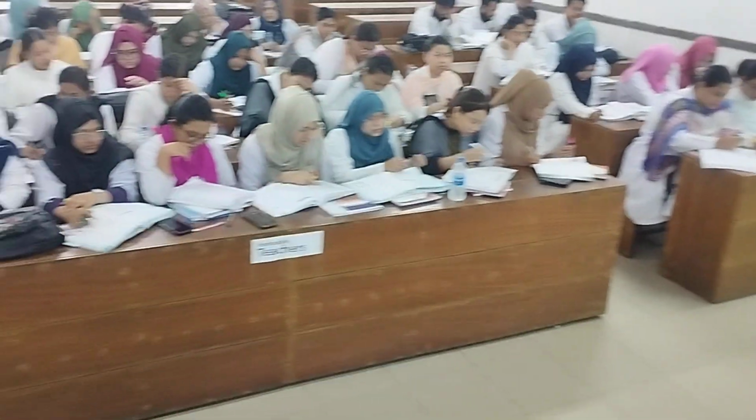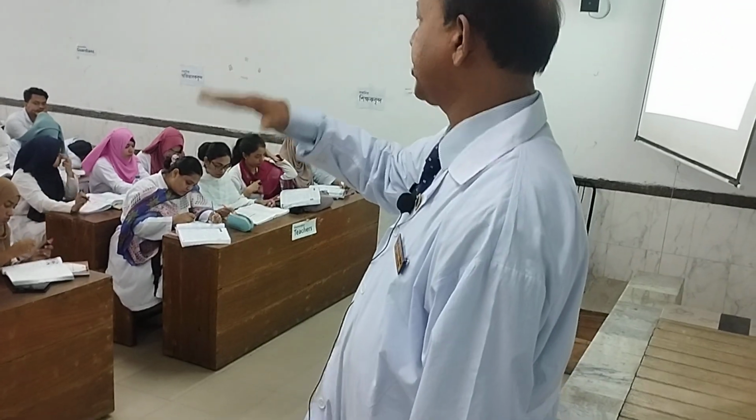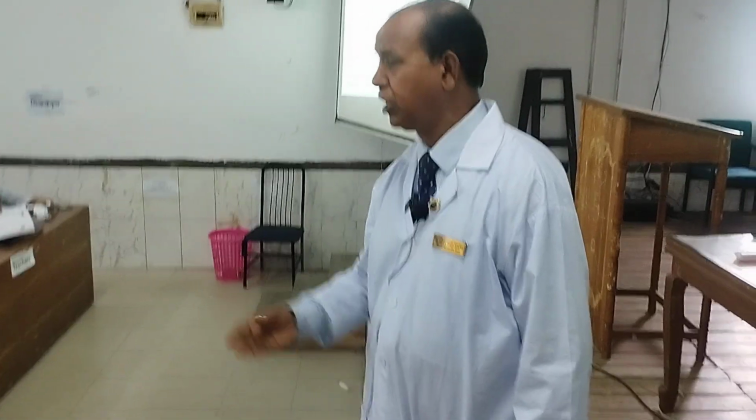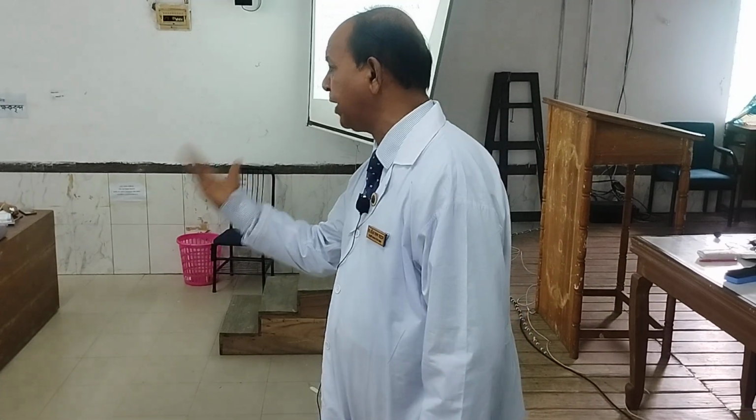Supportive management: for the anemia, give blood transfusion for correction of the anemia, keeping the hemoglobin concentration at 8 to 10 gram per dl. Remember this. Due to thrombocytopenia and bleeding manifestations, there will be platelet transfusion.